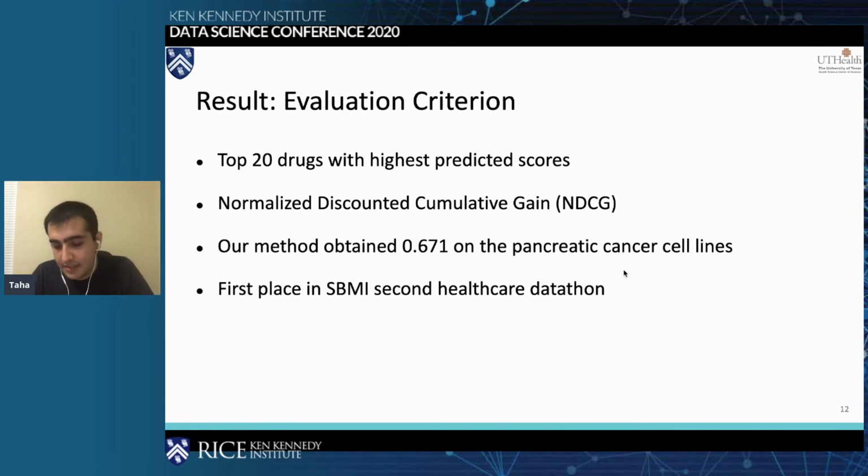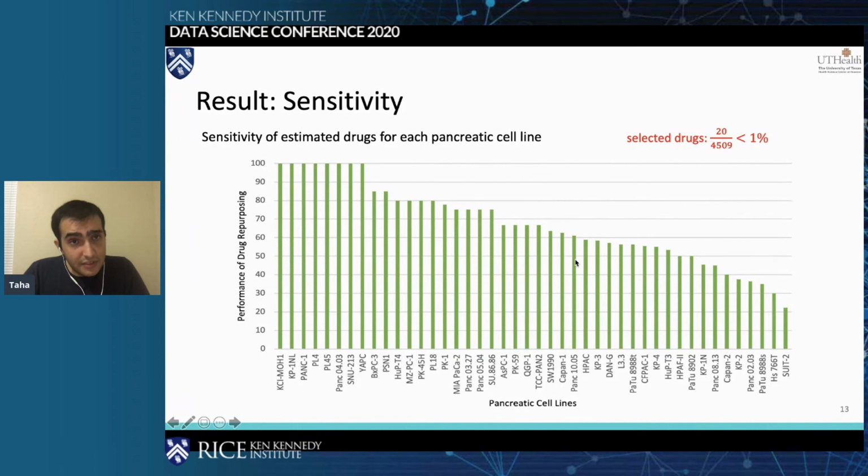Discounted cumulative gain is the sum of weighted relevance scores in the top 20 ranking list. Since it is normalized, the maximum of it would be 1. Our method obtains 0.67 on this factor on pancreatic cancer cell lines, and it won first place in the SBMI Second Healthcare Data challenge. Let's see the sensitivity of our results.